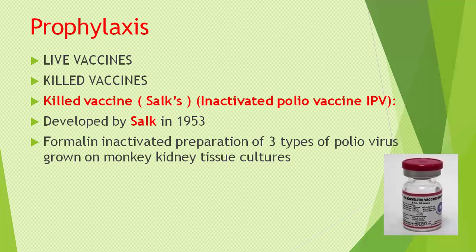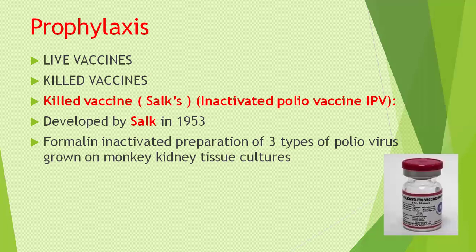In the case of killed vaccine, they induce only a systemic antibody response, or systemic immunity, which means only humoral antibodies, that is IgM and IgG antibodies, are produced. So there is no local antibody protection. And as you know, IgA is the local antibody, so IgA is not produced with killed vaccine.